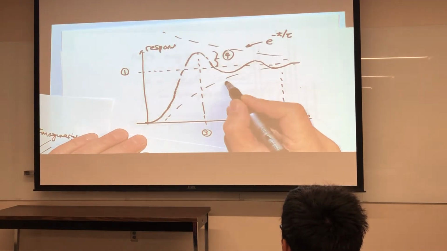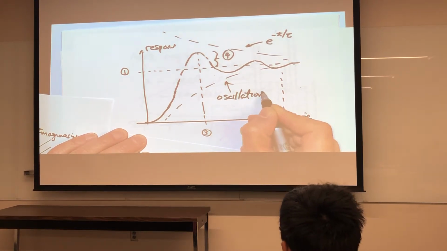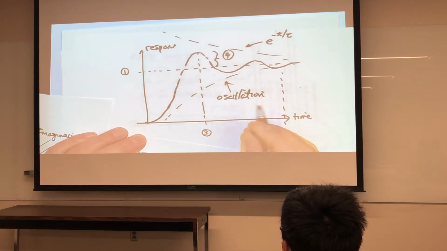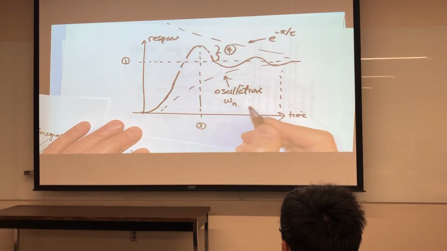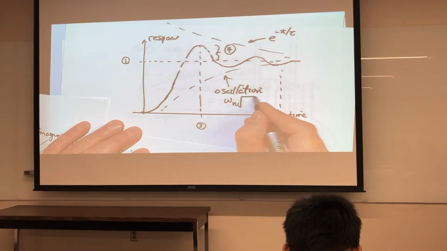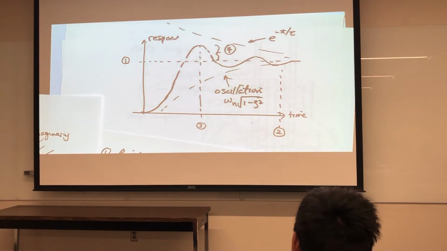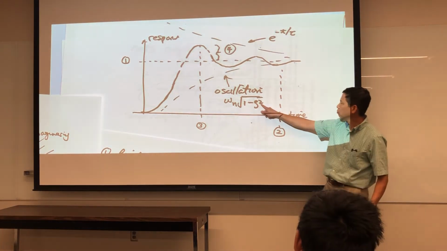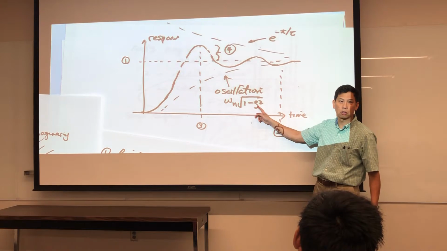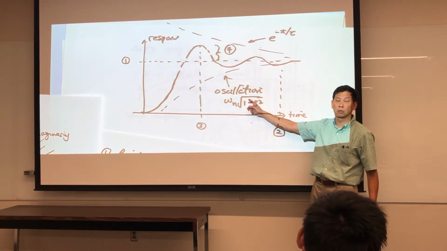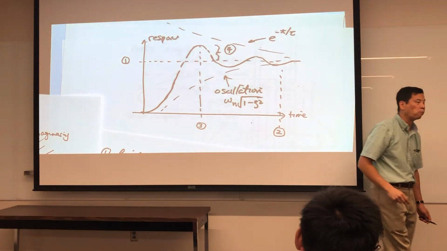So this oscillation has a frequency that's close to omega n, but it's affected by the damping ratio. When zeta is small, zeta squared is even smaller, which means 1 minus a very small number is close to 1, and the square root of 1 gets even closer to 1, which means the oscillation is approximately omega n.